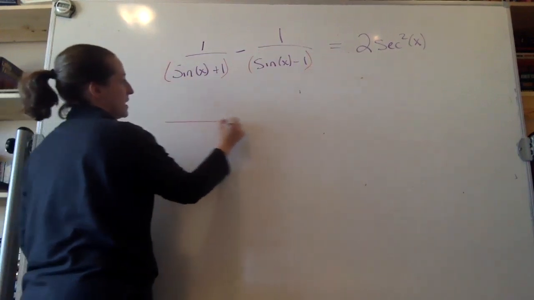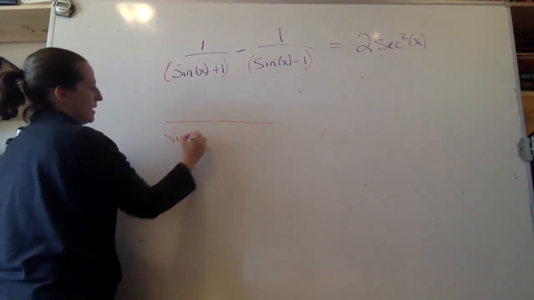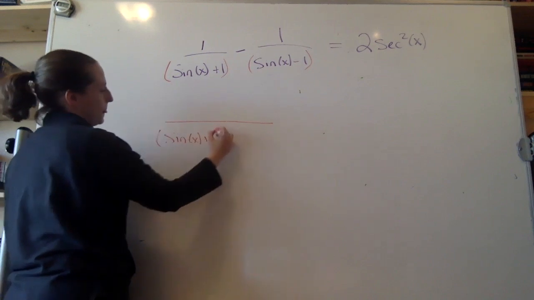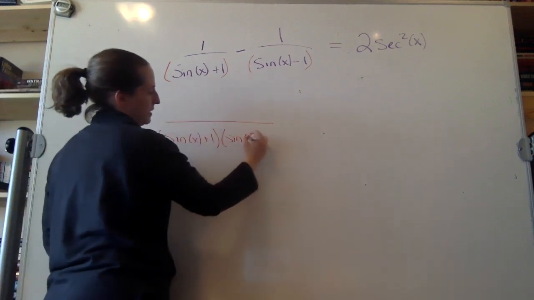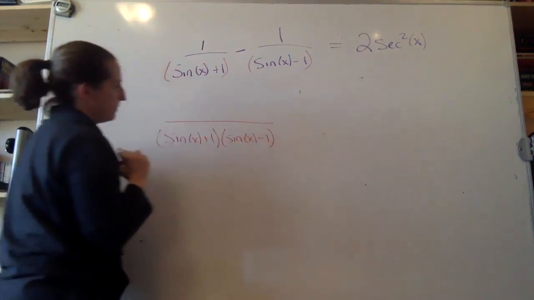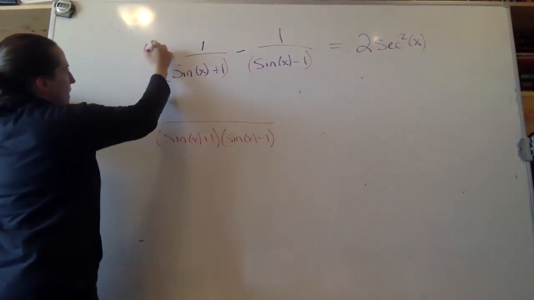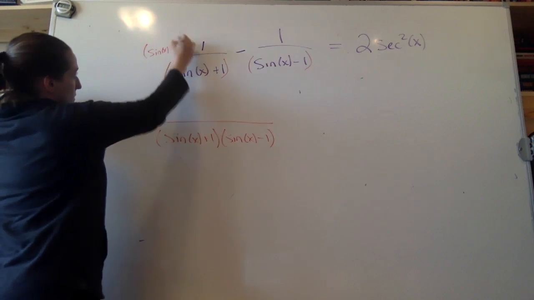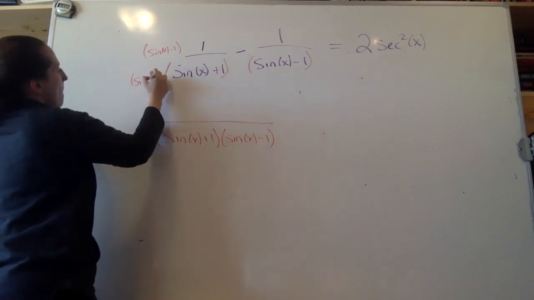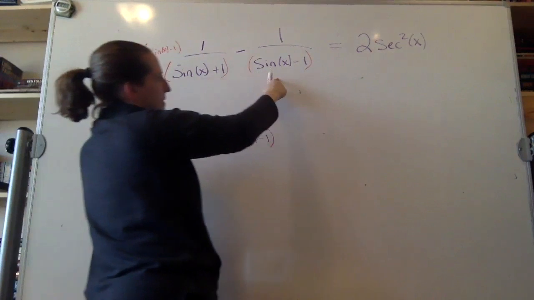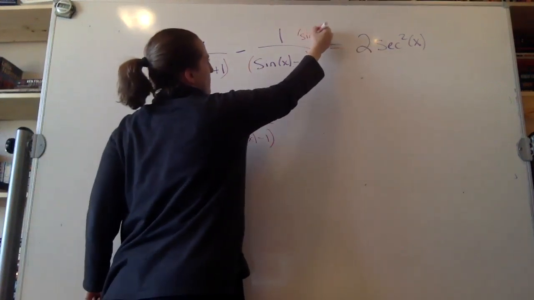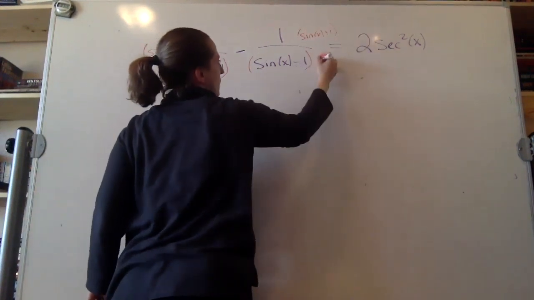So my common denominator is going to be sine of x plus 1 times sine of x minus 1, which means to get my common denominator here, I'm going to multiply top and bottom by sine of x minus 1. And to get my common denominator here, I'm going to need to multiply by sine of x plus 1.